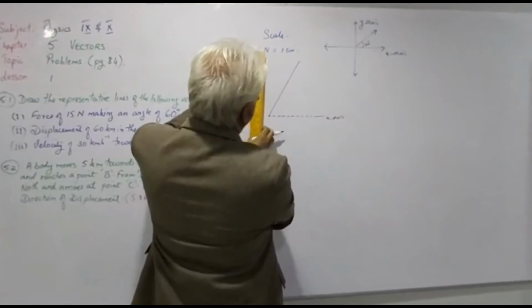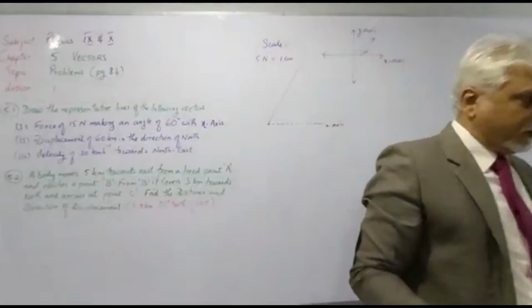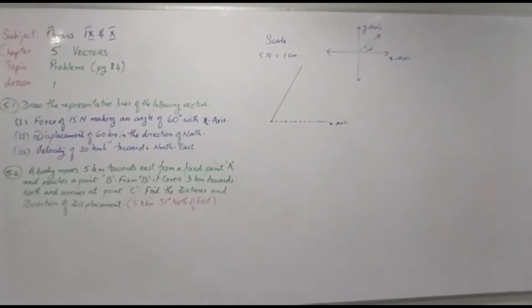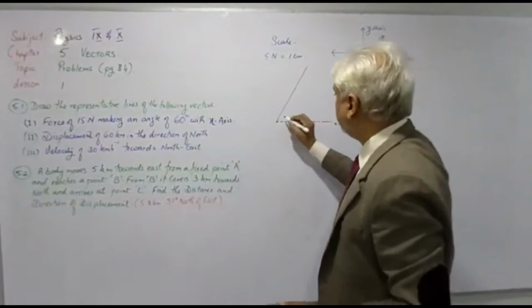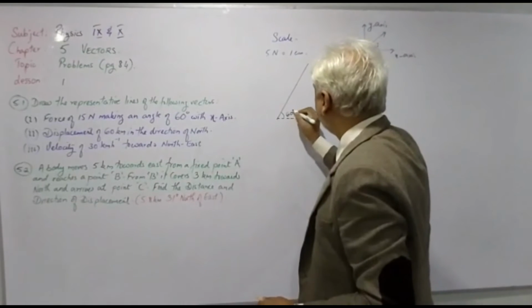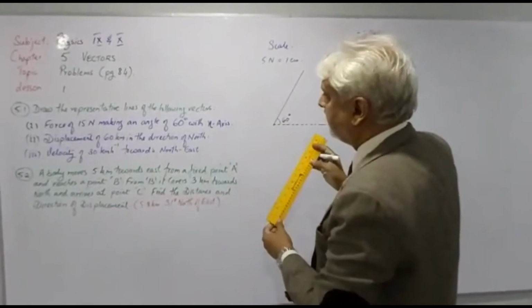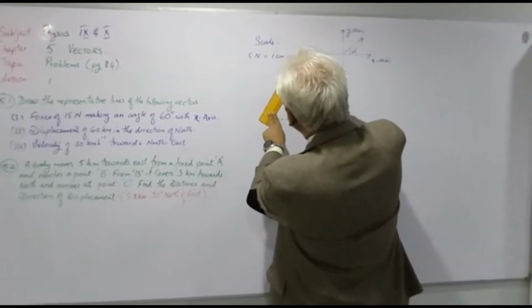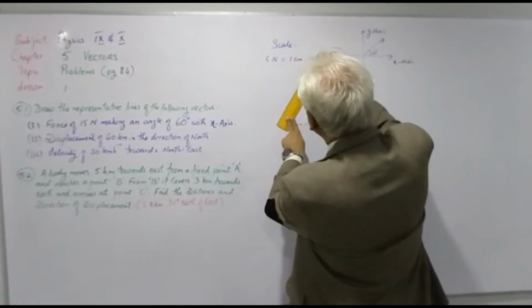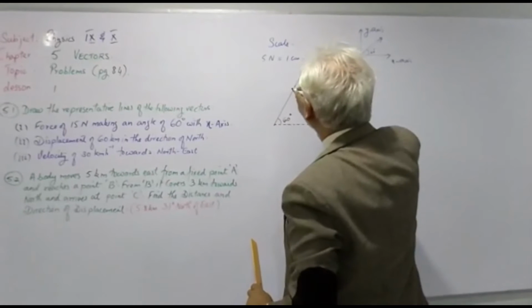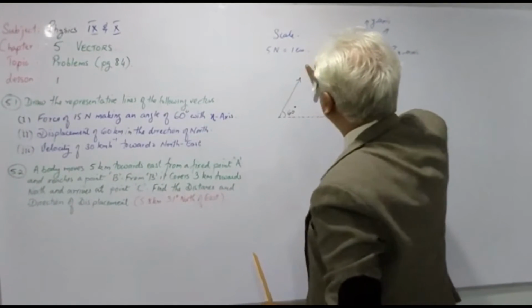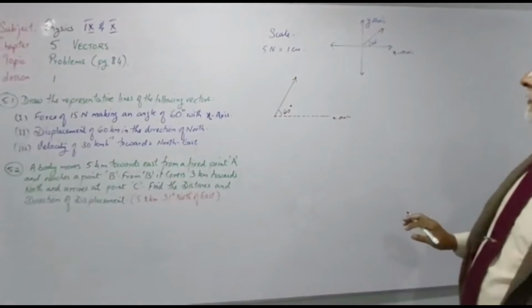And now 3 centimeters, let's say this is 1, 2 and 3. So if this is 3 centimeters, my arrowhead should be here. I'll have to just erase this. Always use a pencil and an eraser when you're drawing.